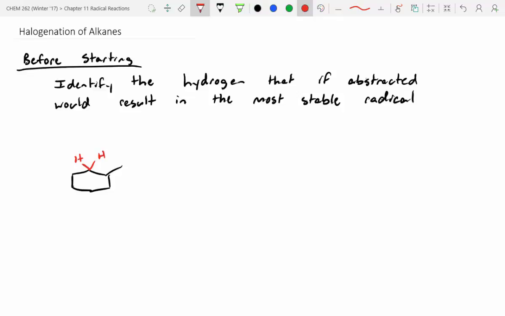So we've got these red protons over here. Got a blue proton here. And I've got these 3 green protons coming off the methyl group. And I've also got these red protons over here, but they're essentially the same as removing the other red protons. Which one of these do you think will result in the most stable radical?